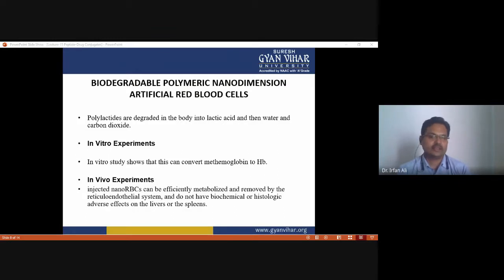dismutase and catalase can also be included with the hemoglobin. The researcher also used his background in artificial cells containing a multi-enzyme protector recycling system to help solve the problem of methemoglobin formation.